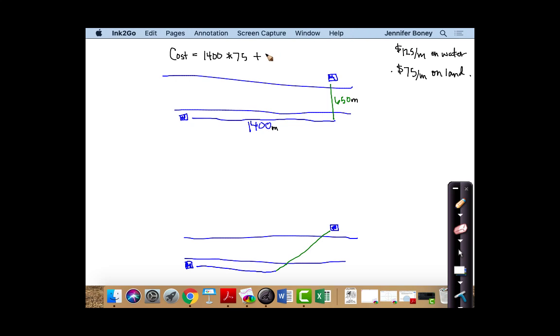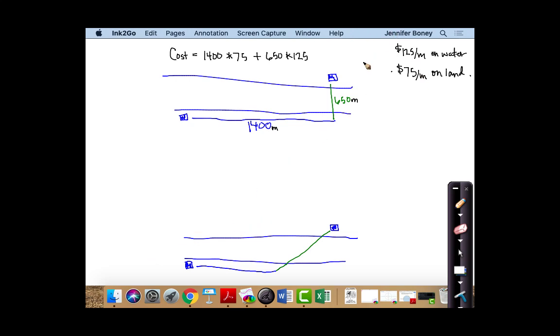So 650 times 125. And so this is just kind of an end case. Like, this is the most land and the least water I could do. I could do all water, just diagonal all the way across, but that clearly wouldn't minimize the cost. Maybe because thinking, well, if water's more expensive than land, I don't want to do all water. But it is shorter, so it really kind of depends on how things work out.